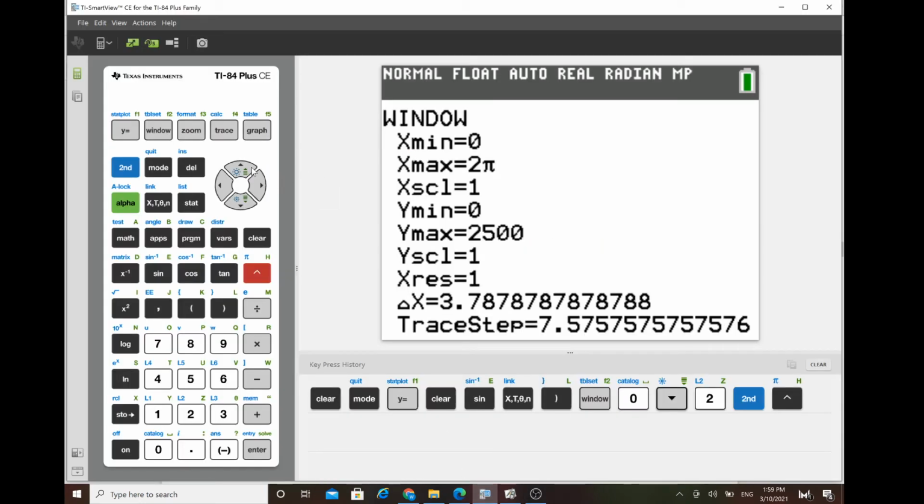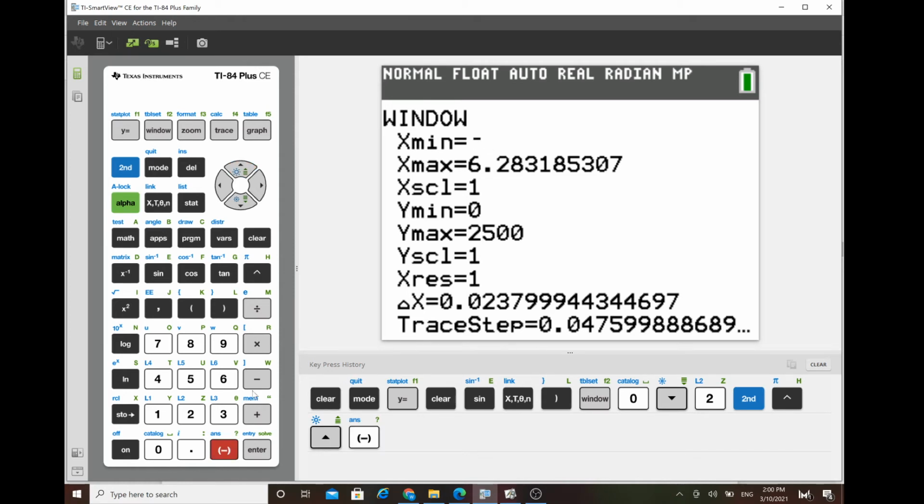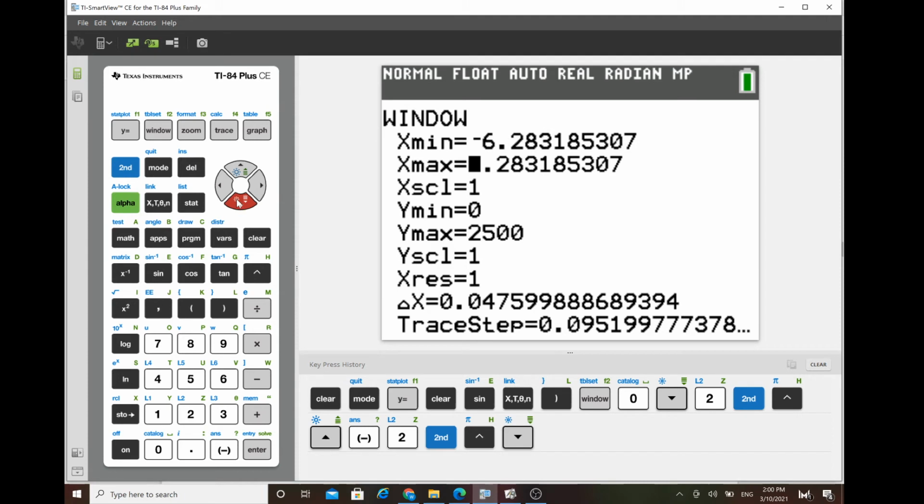So x min, negative 2 pi. Again, negative is the one down here, you don't want to use the minus. So negative 2 pi, second pi. And then the scale, just keep it that way. Y min, let's say negative 2. And then y max, let's put in 2. Just want to make the y-axis bigger. And then the rest of that, just keep it as the way we want.